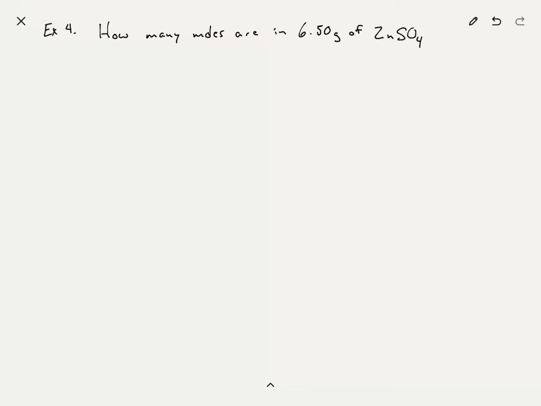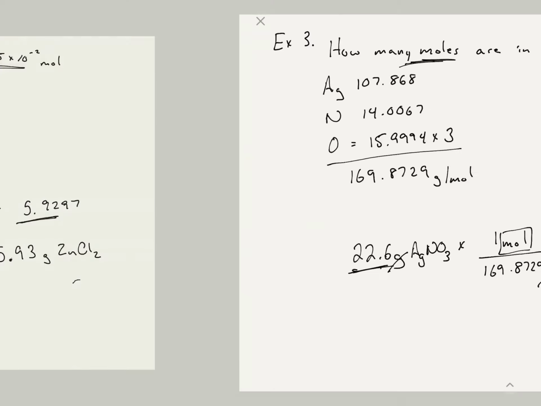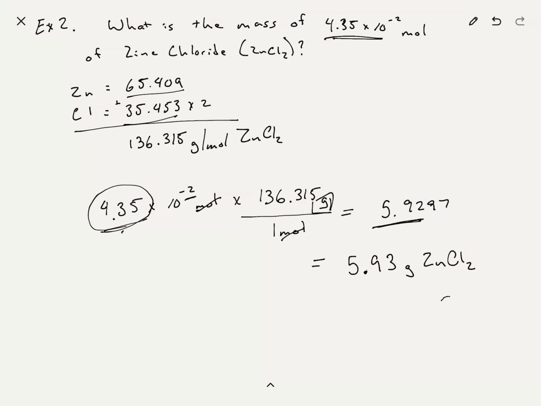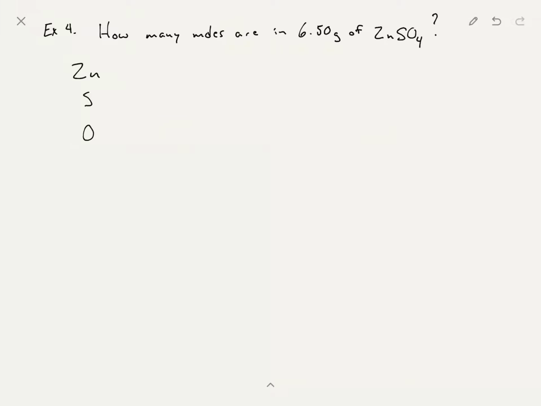And our final example that we're going to do today is how many moles are in 6.5 grams of zinc sulfate. So again, we need to solve for the mass of zinc sulfate. We've already looked up all those numbers. Zinc, sulfur, and oxygen. If we go back, zinc was 65.409.